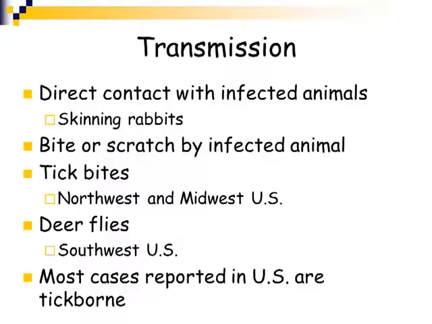You can also get infected by a bite or a scratch from an infected animal. In the northwest and midwestern region of the United States, it's commonly transmitted through tick bites. In the southwestern United States, it's transmitted through deer flies. And most cases that are reported in the United States are through ticks.